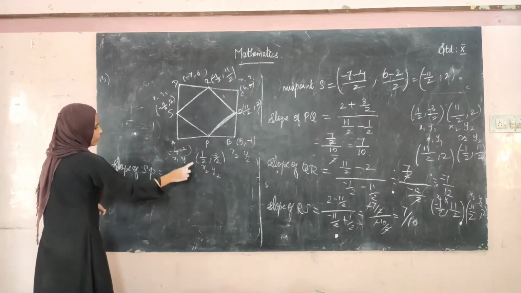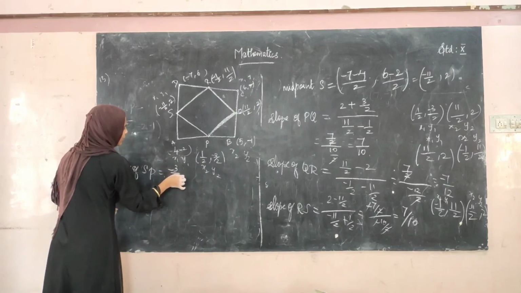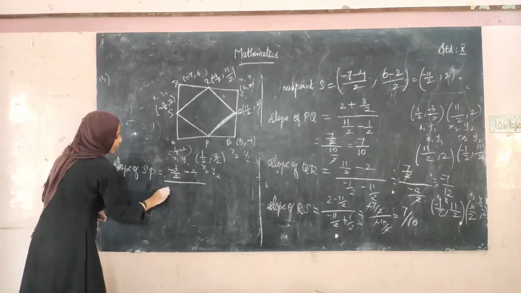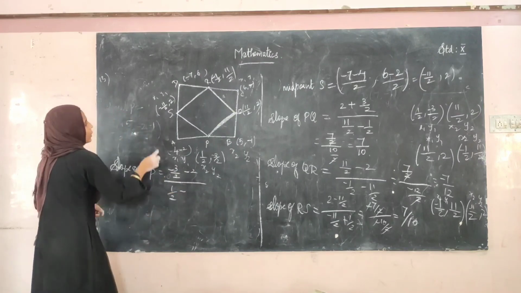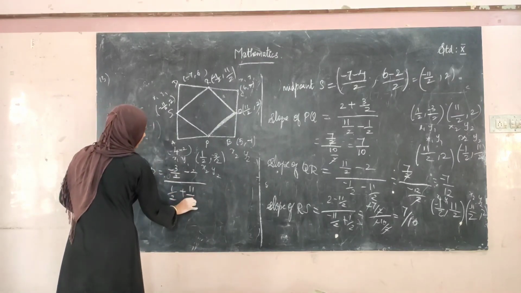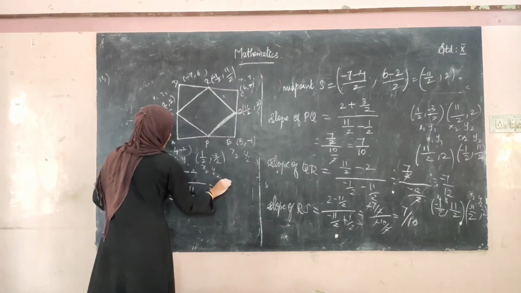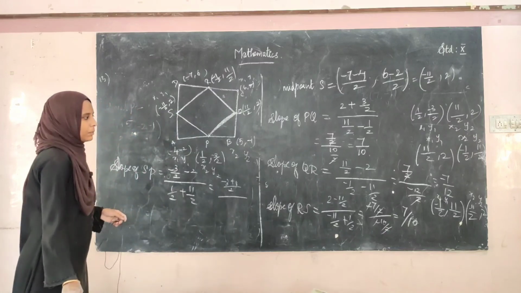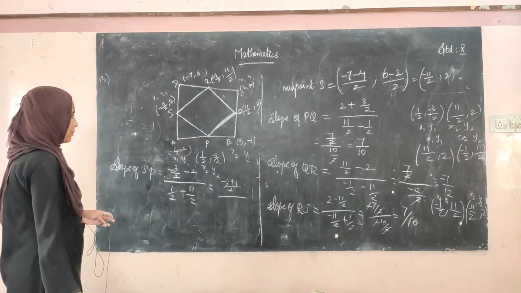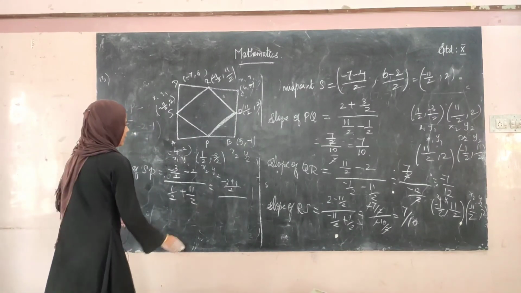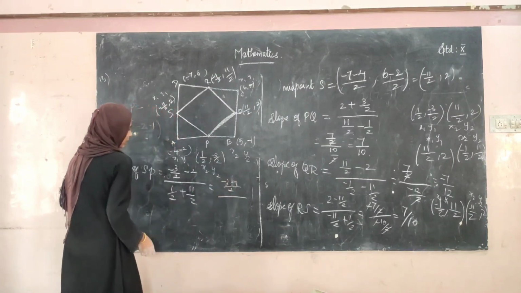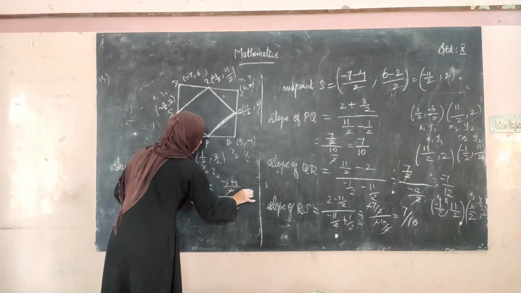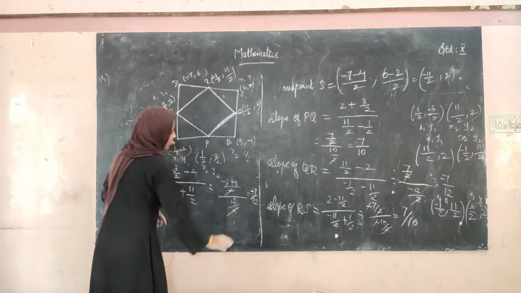So y2 minus y1: y2 here is minus 3 divided by 2 minus y1 is 2, divided by x2 minus x1. x2 is 1 by 2 minus, what is x1? x1 is minus 11, so plus 11 by 2, which is equal to minus 3 minus 4, divided by 2. Right, this is minus 12 divided by 2. So this 2 and this 2 get cancelled, which is equal to minus 7 divided by 12.